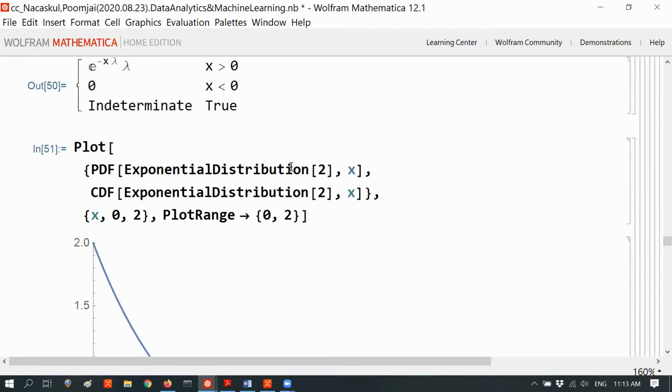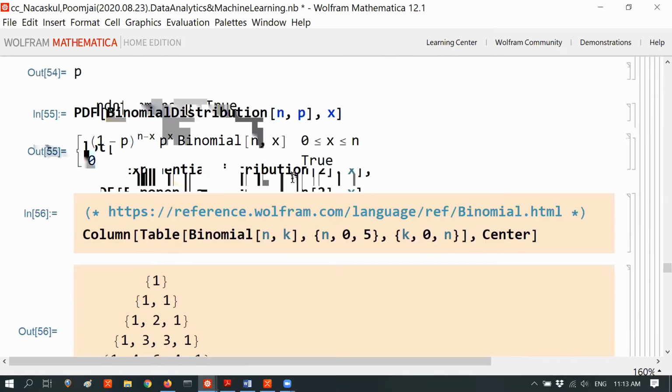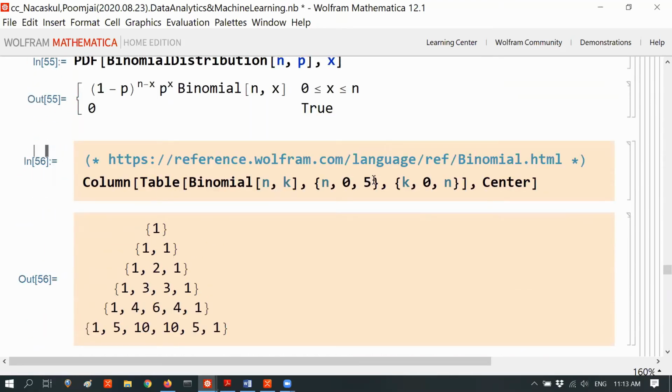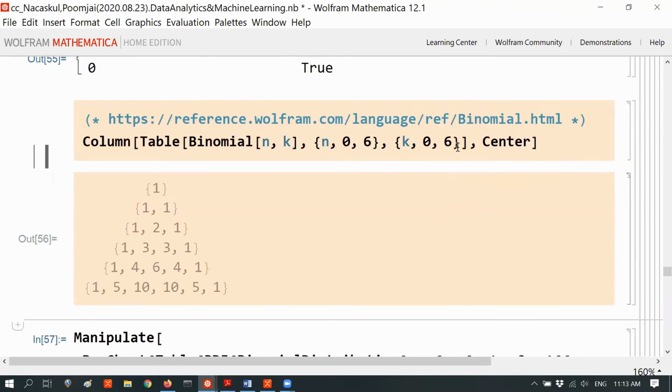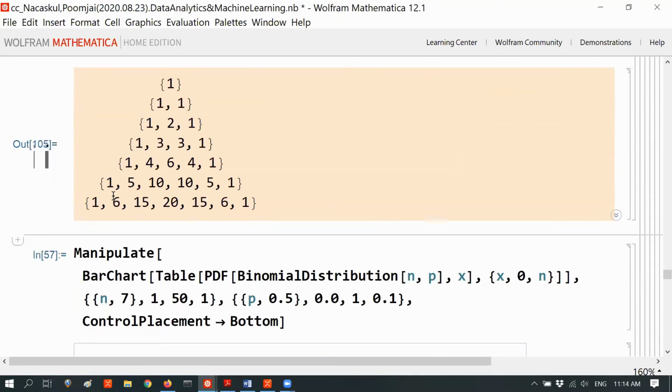Now, if I want to go to higher, let's say 6. Oops. Okay. Then you're going to have 1, 5. This is the number of combinations. So you're going to have this profile.